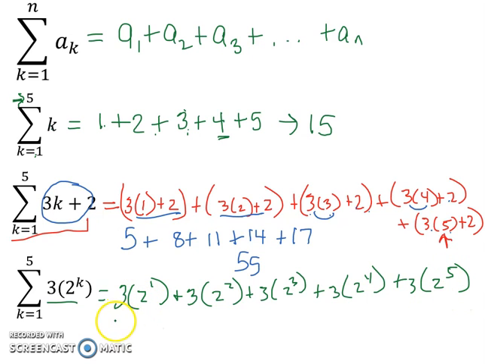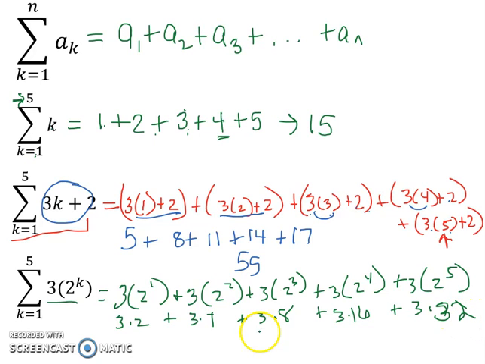So we're going to put an extra step in here, so it's 3 times 2 plus 3 times 4 plus 3 times 8 plus 3 times 16 plus 3 times 32. So now we just need to add these guys together after we finish the multiplication.